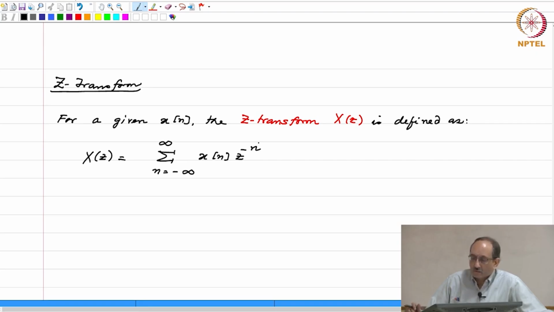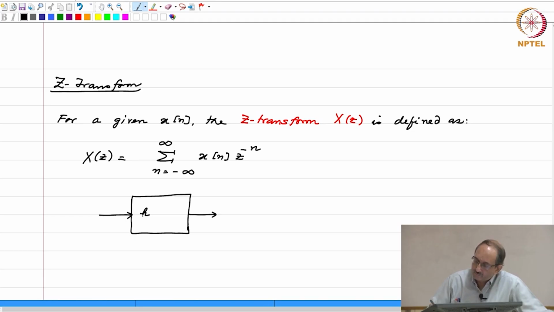Whereas, we can motivate this in a slightly different manner from what we have learned so far. So, the way we would like to think of this is like this. Here we have a system, its impulse response is h of n.